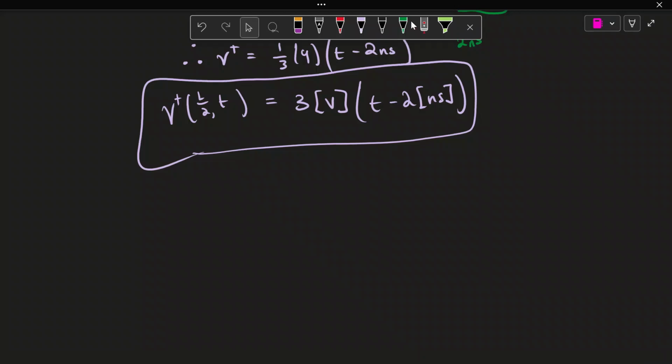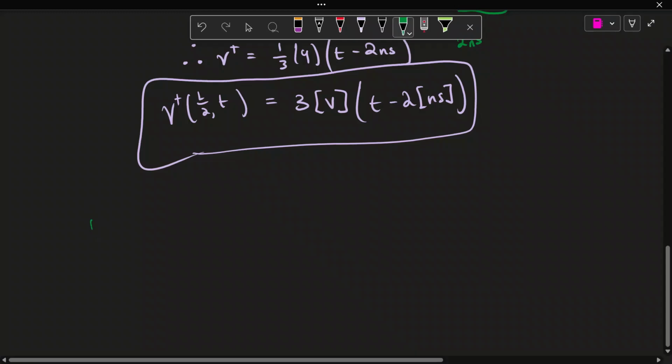Now that equation is going to be given by V minus, which is our reflected wave, as a function of, again, L over 2, in our case the distance, and time.